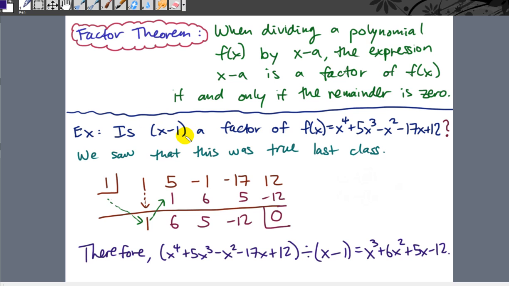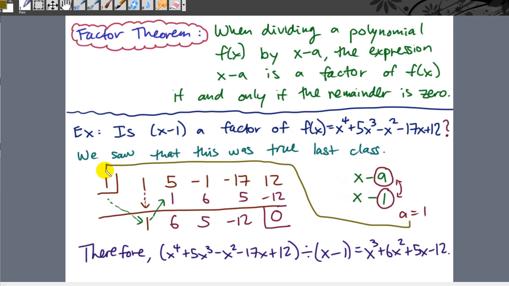Recall how synthetic division works: we start off with x minus a, and for this expression we have x minus 1. So a is 1, and we take this value and stick it right there.